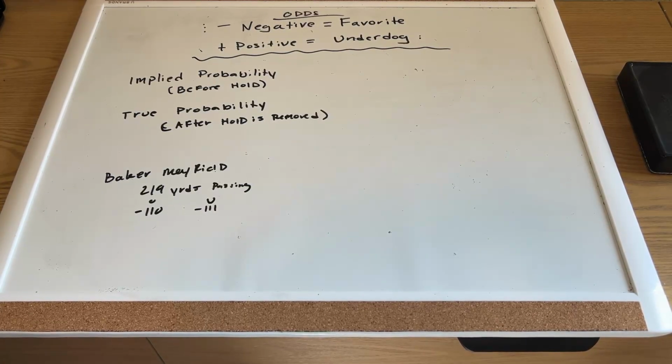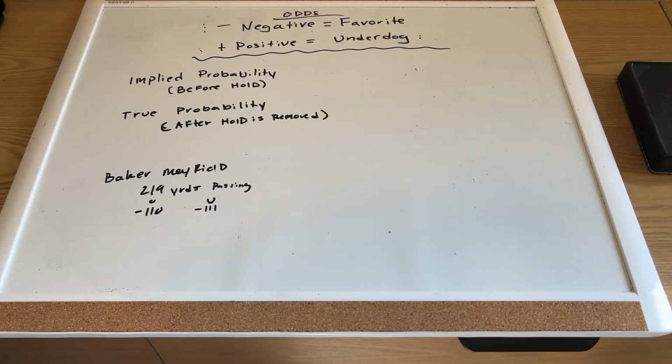So last video we went over just finding the winning probability, or your win probability, or your implied probability. In this video we're going to show you how to find the true probability. The implied probability is going to be before the hold, and I'll explain what the hold is in a second.